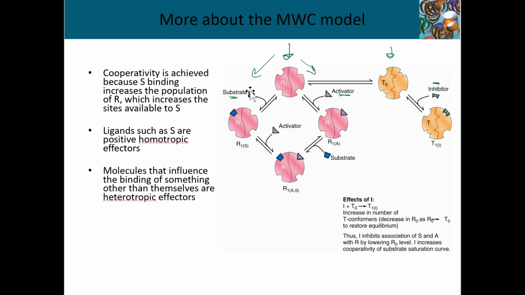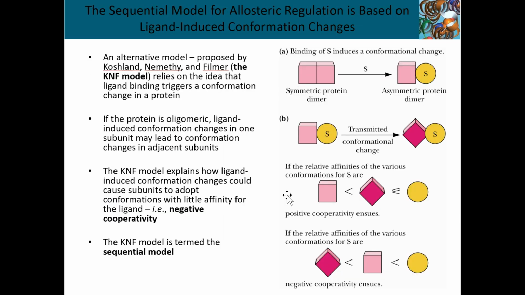Just because you potentially have an equilibrium existing between R and T doesn't mean that the transitions we're looking at in this model don't involve small or perhaps large and meaningful conformational changes as the activator, substrate, and inhibitors are binding. So perhaps like so many things, some truth can be extrapolated from one and some truth can be taken from the other, and by using both models we can get the best picture of what's going on.